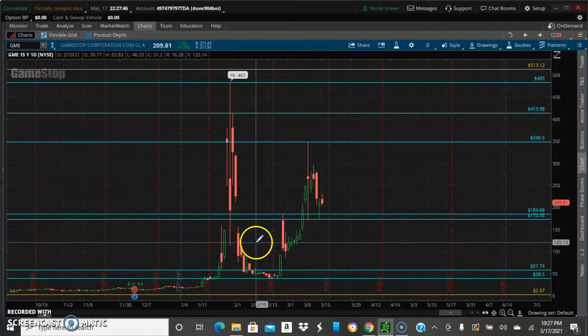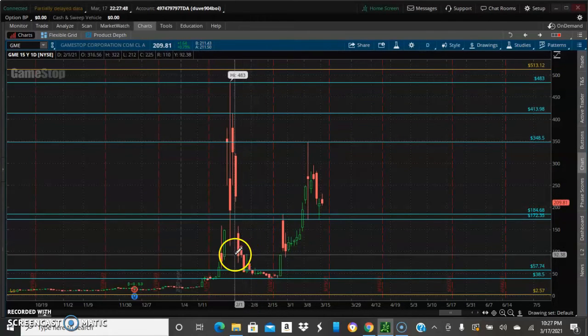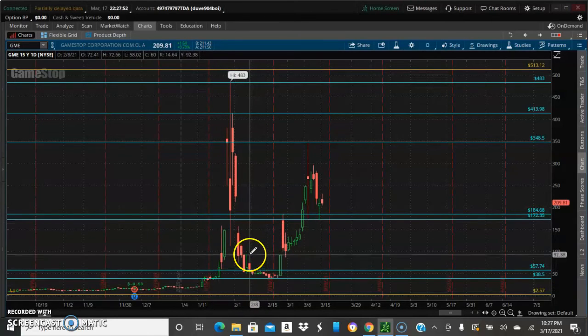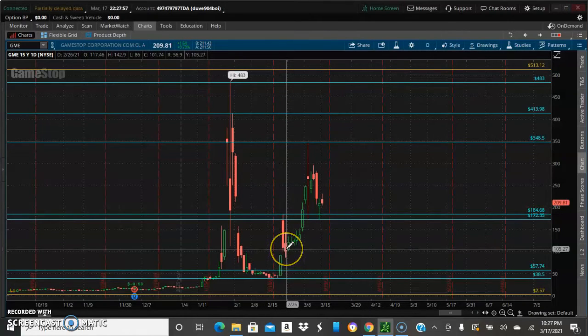All right, let's see here. We got some support and resistance here. We definitely had a gap there, so let's put the gap in there as well. Let's get these up right here. There's a support there. The low is 101.74.